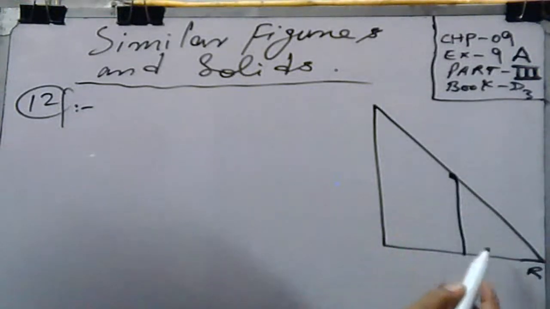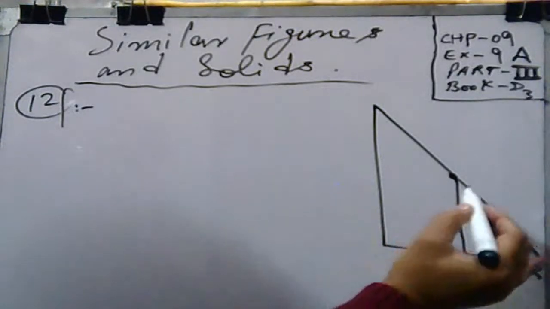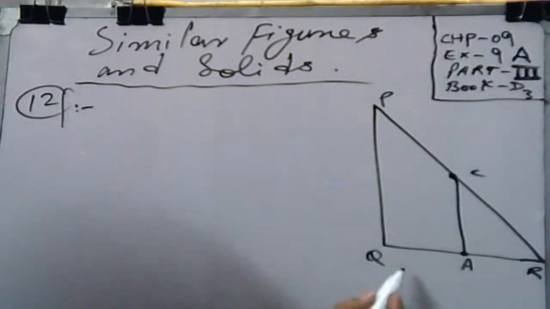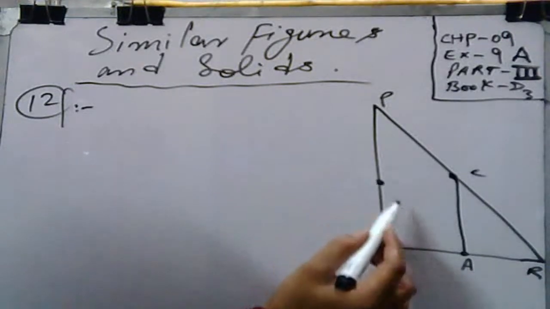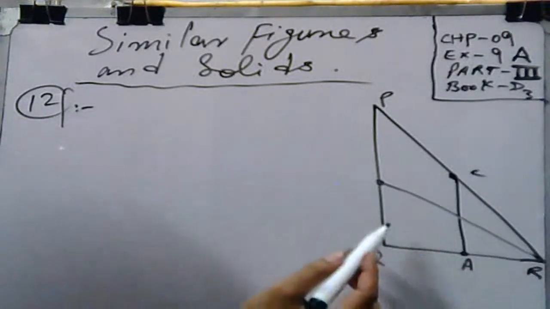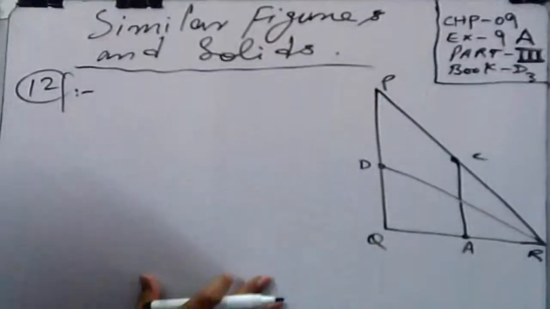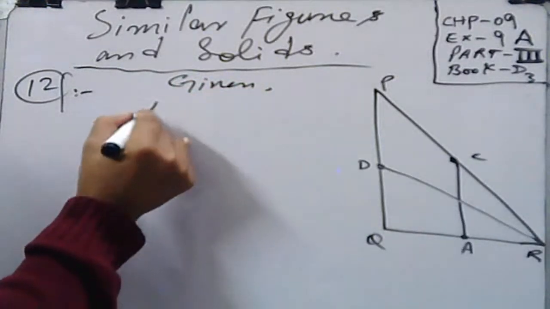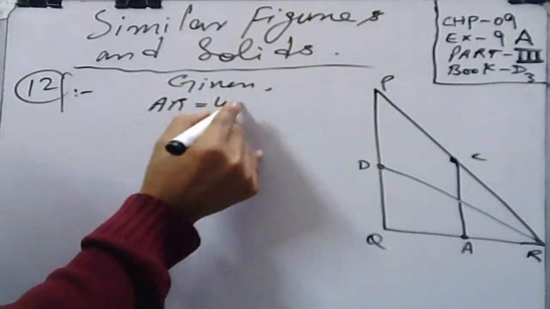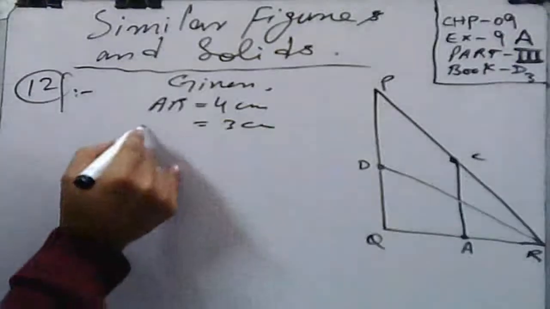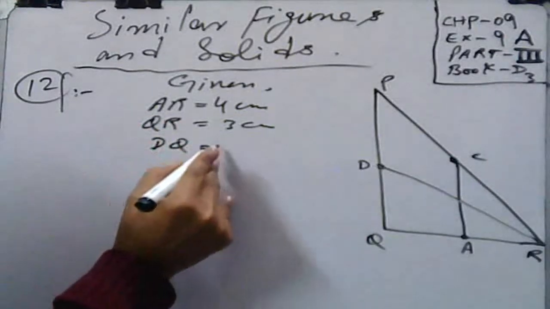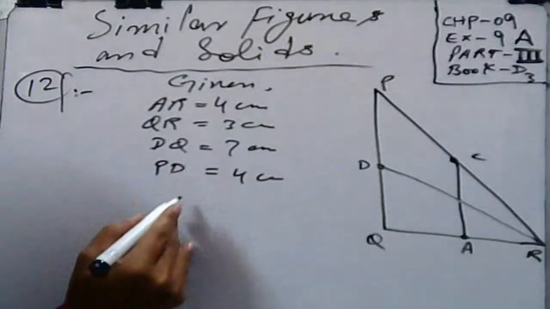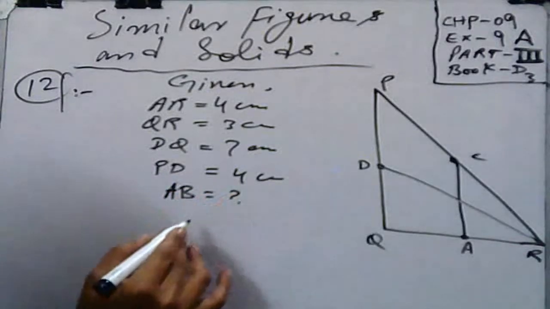In this figure you can see that is your R point and that one is your A point, and that one is your C, P, that one is your Q, and that center point joined to this vertex R is your D. Given that AR is equal to 4 centimeter, 3 centimeter is your QR, DQ is equal to 7 centimeter, and 4 centimeter is PD.